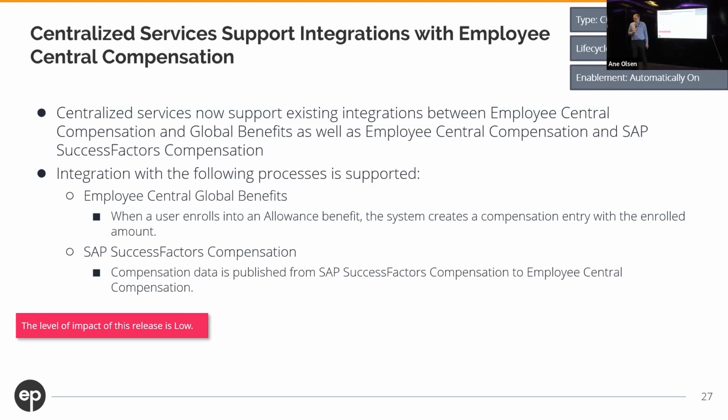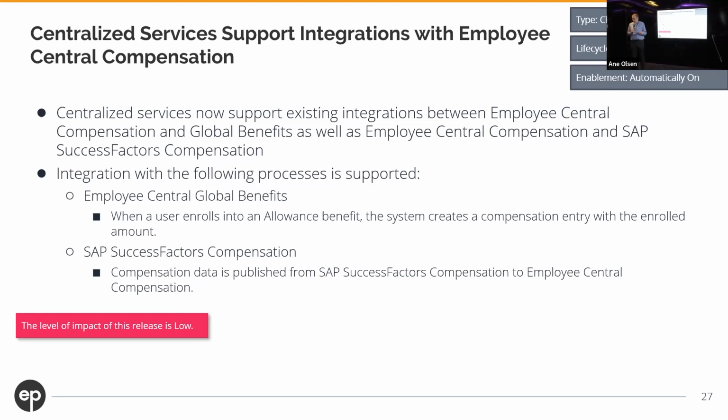One of the points that you probably would be hearing about, or could risk hearing about, would be the way we are using the publish back into EC. One part that the centralized services is now enforcing is that you validate whether you have a compensation information record.